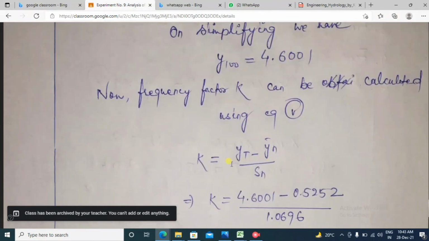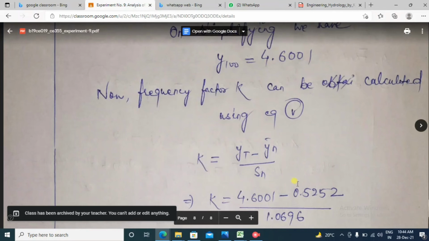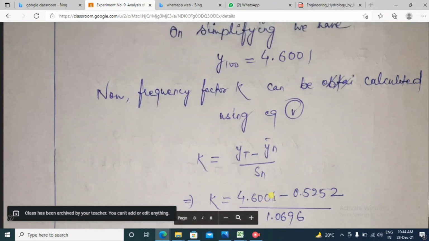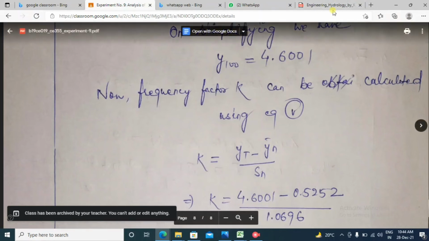Now, we had earlier seen the formula for k: yt minus y bar n by Sn. K is equal to yt, which we have calculated here as 4.6001, and y bar n and Sn we need to take from the Subramanian book.